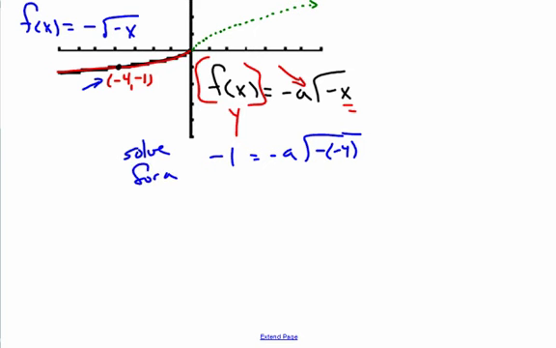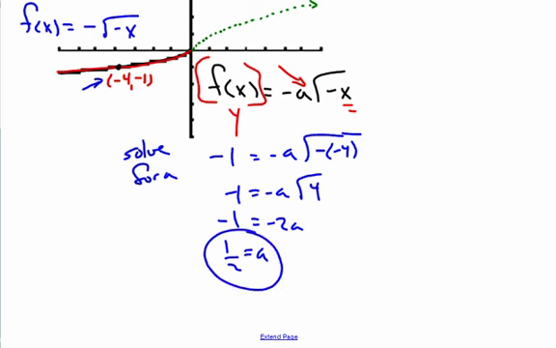Now, a, once again, being the vertical transformation that we're going to see if there is one. Okay, so it's going to turn into -1 equals -a times the square root of 4, which is going to be 2. So we have -2a equals -1, and what we have next is a equaling 1/2.